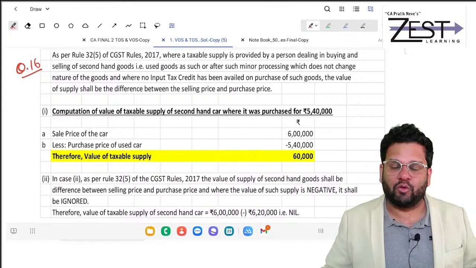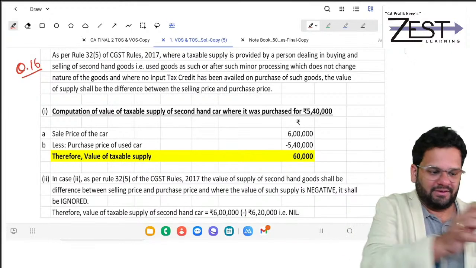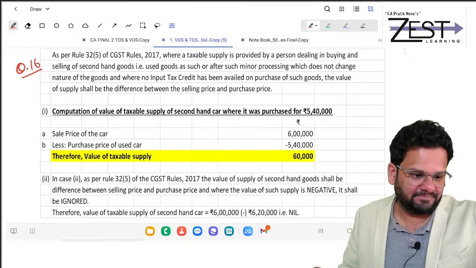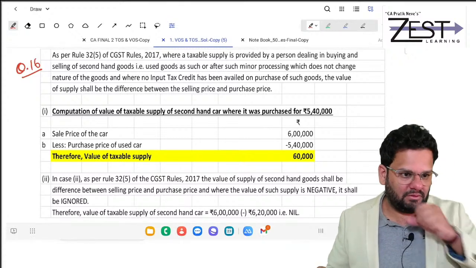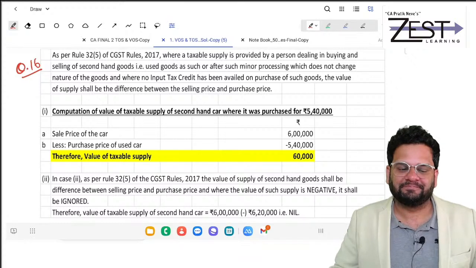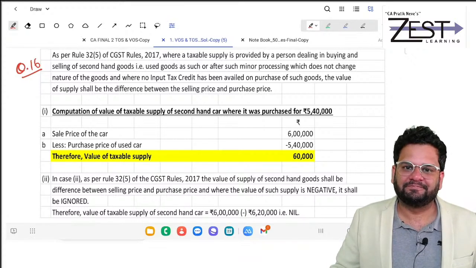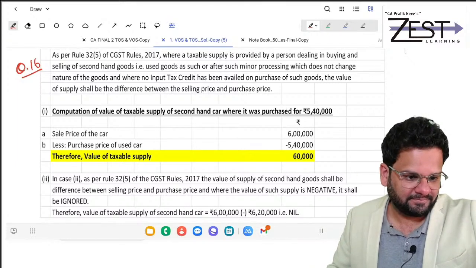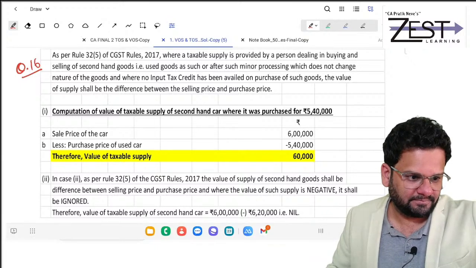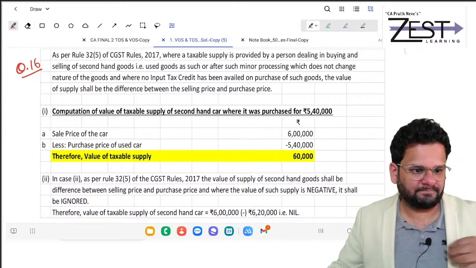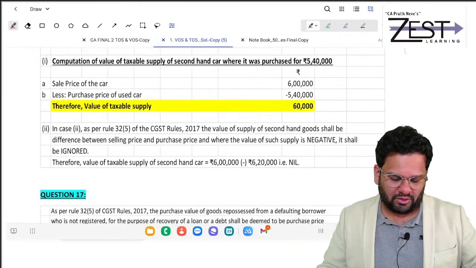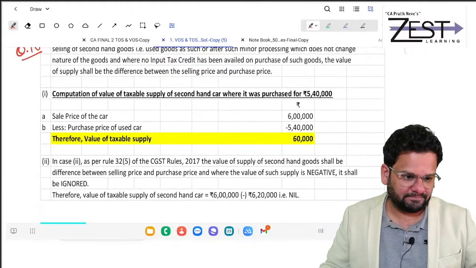So till what point have you completed? Just reading your chat window continuously. Yes, you are doing the second point. Okay, very good. Complete it. Got it.